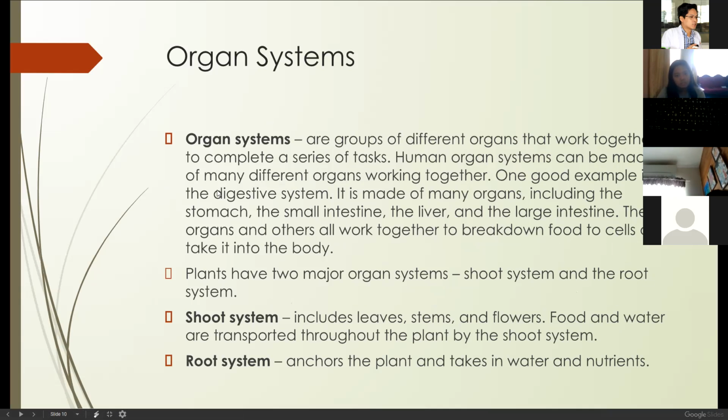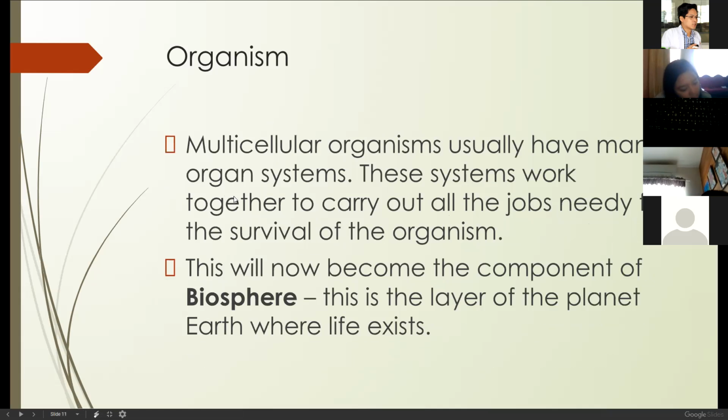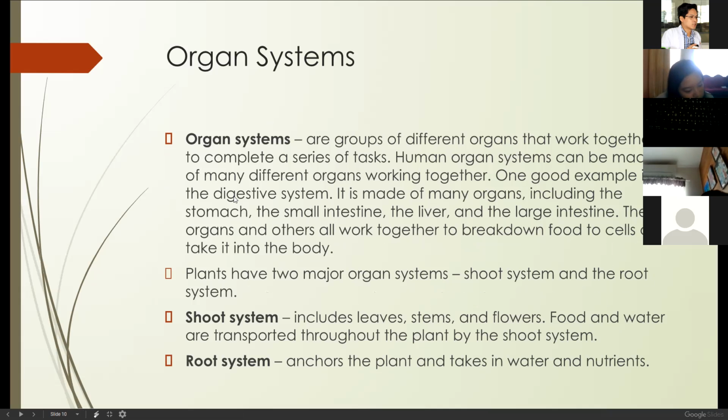One good example is your digestive system. Okay. Digestive system, it is made of many organs, including the stomach, small intestine, liver, large intestine. These organs and other organs all work together to break down food into cells and take it into the body.